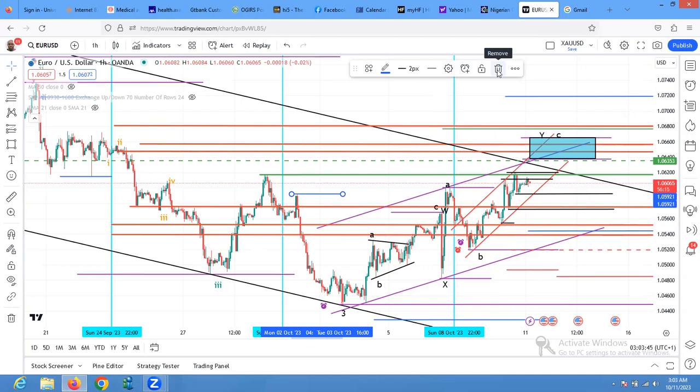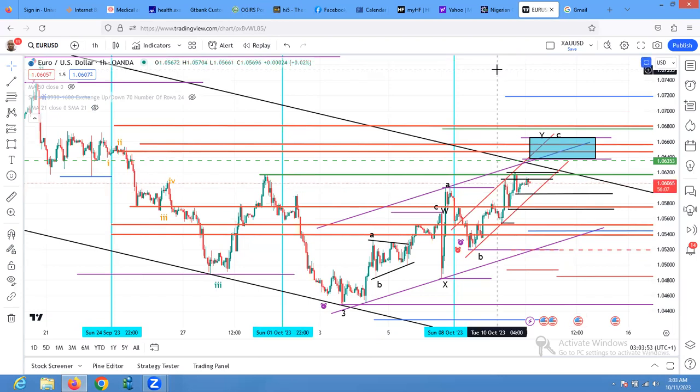We capped the structure on DXY. It's just a fringe to be broken; on the US dollar index it is already broken here. If you are seeing this reaction and you call it a rejection, you are expecting that the price is going to fall from here.